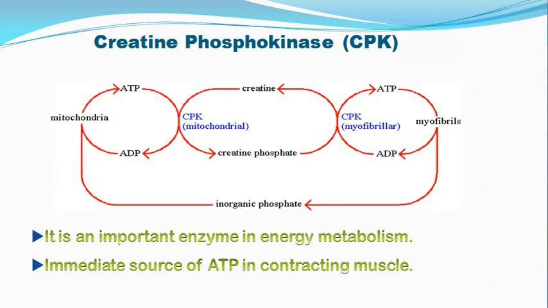This is the biochemical reaction which involves creatine phosphokinase and the conversion of creatine to creatine phosphate, as well as the formation of inorganic phosphates. Creatine phosphokinase is an important enzyme in energy metabolism and an immediate source of ATP in the contracting muscles.